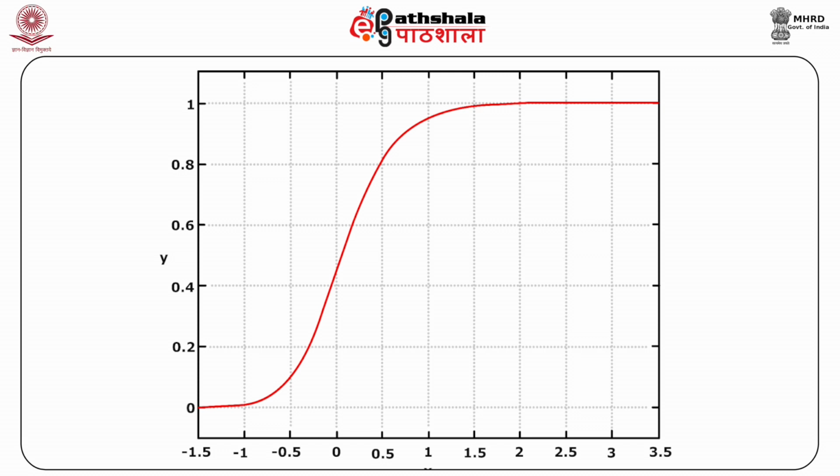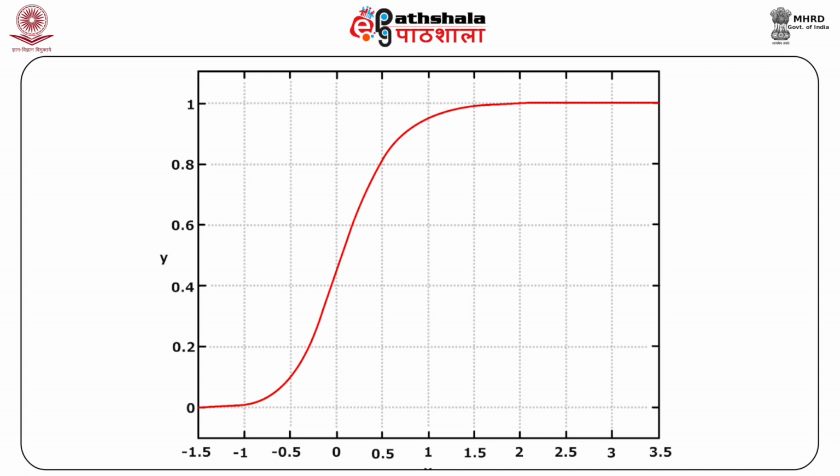So it is a sudden increase just in the range around the value where x is around 0. So there are two extremes. At one extreme the value of y is almost 0, and at the other extreme the value is almost 1.